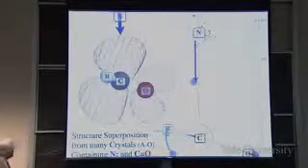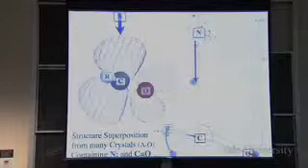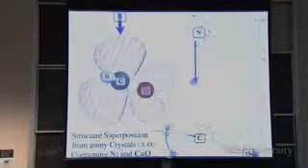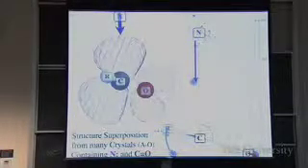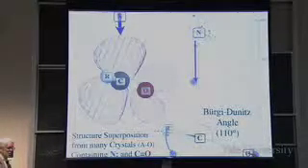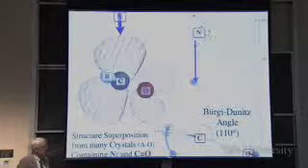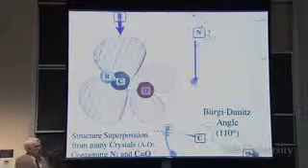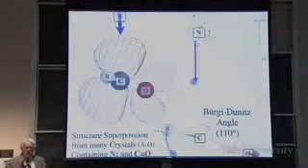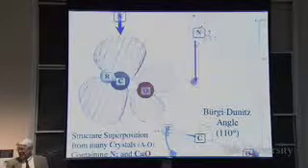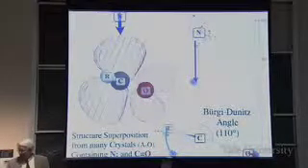Okay? Now, that angle, 110 degrees along the path that they follow, is called the Bürgi-Dunitz angle. That's the guys who did the paper, Hans Beat Bürgi and Jack Dunitz in Switzerland. So there is a bunch of what we might consider snapshots of a reaction actually taking place.